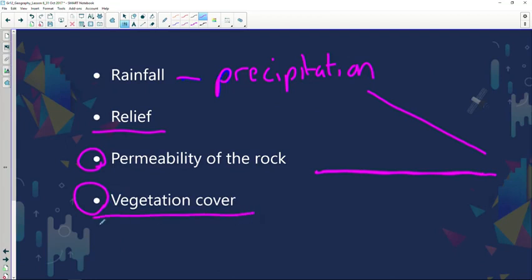Vegetation cover. If an area is covered with a lot of vegetation, I'm talking plants, trees, what's going to happen? Do you think the water is going to infiltrate? Or do you think it's going to promote groundwater runoff? Or is it going to promote surface runoff? Is the water rather going to be on the surface? Definitely infiltration, because what does vegetation do? It soaks up the water, it promotes infiltration, groundwater runoff.